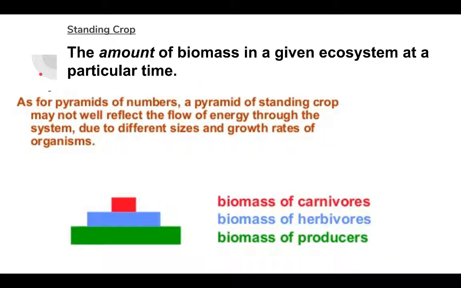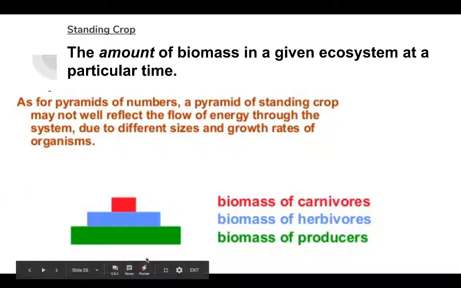Think seasons change, you get different amounts of solar radiation, which is going to determine the amount of producers that are there, which in turn will have its domino effect on the line. So standing crop is this amount of biomass at a certain time. Please do not confuse this with productivity. Productivity is the rate of energy production over time. So please don't confuse the two.